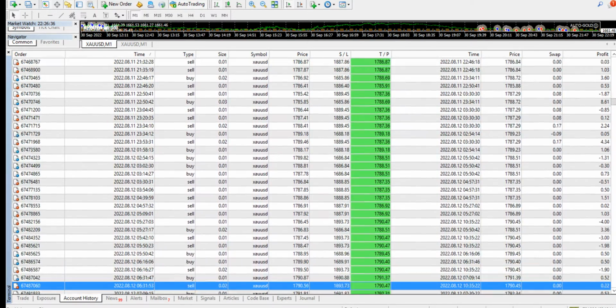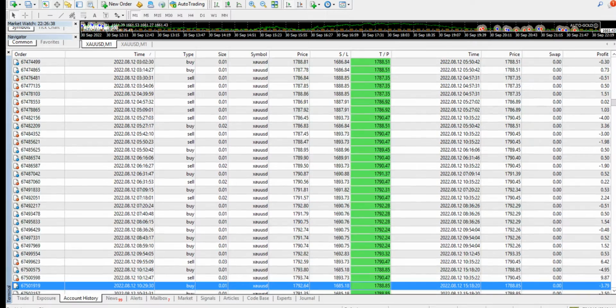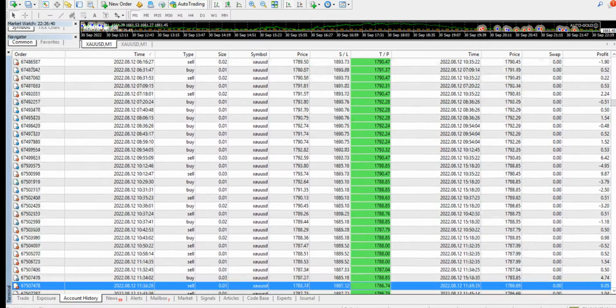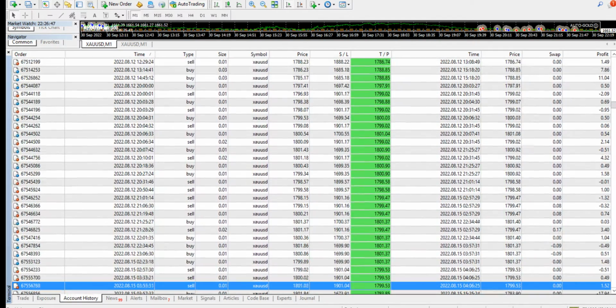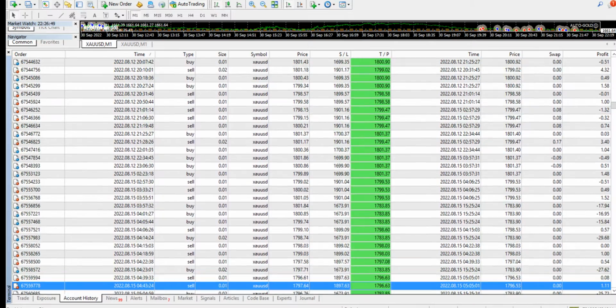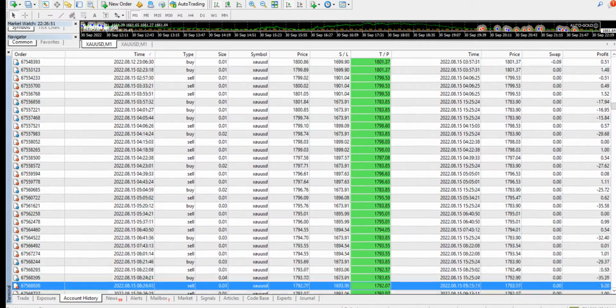Okay, so why have I traded with 12,000 US cents? Guys, since we are doing scalping, whenever we trade, we generally open a couple of trade orders. It's not that we take just one trade.